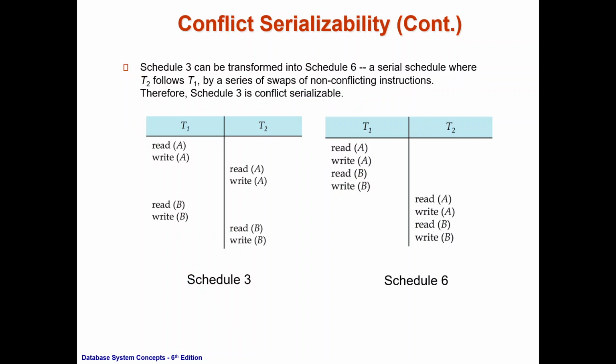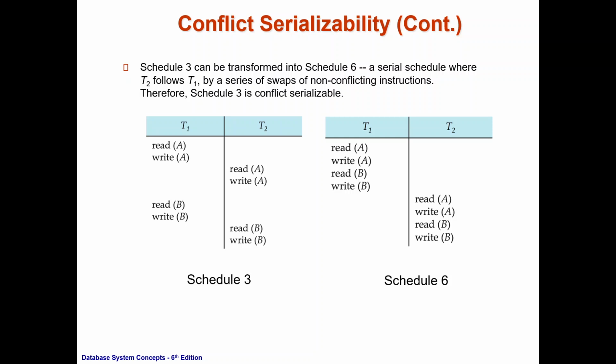The schedule 3, what you have written here, can be transformed into schedule 6. What is schedule 3? Read A, write A, then read A, write A, read B, write B, read B, write B. In schedule 6, read A, write A, then I go for read B and write B, then I read A, write A, read B, write B. This is just a transformation of schedule 3.